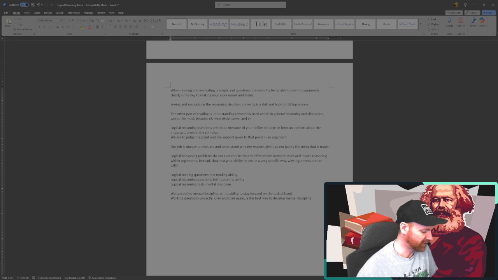The branches go as this: sufficient assumption, conform to or supporting principle, match the flaw, basic assumption, strengthen the argument, required assumption, weaken the argument, and then there's another branch from identify the flaw, method of reasoning.